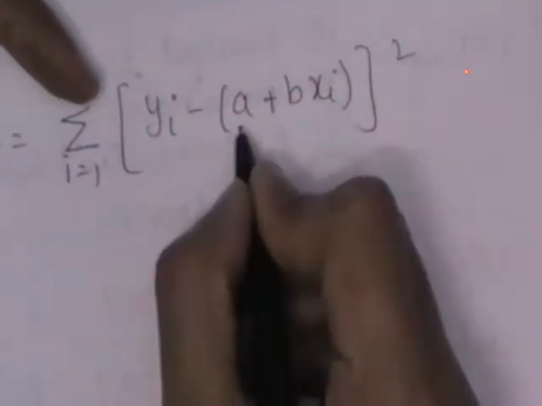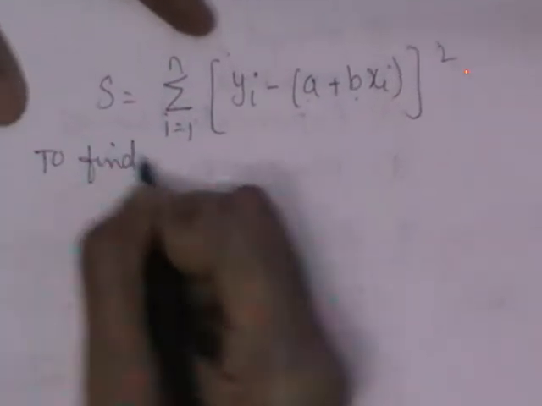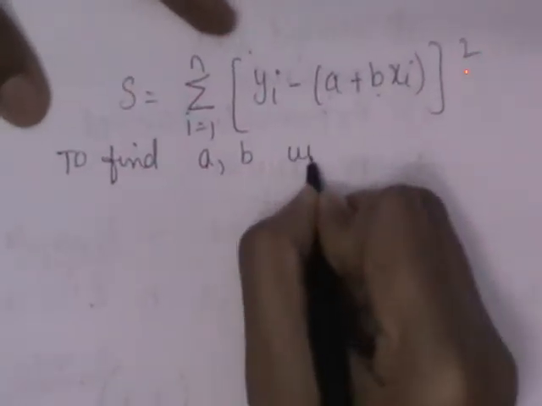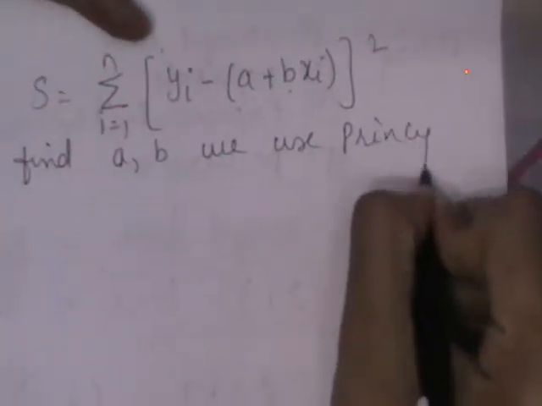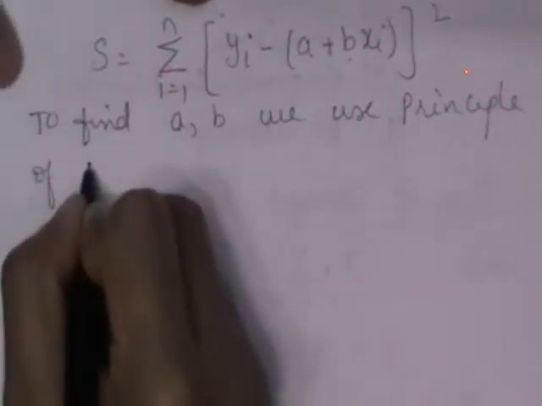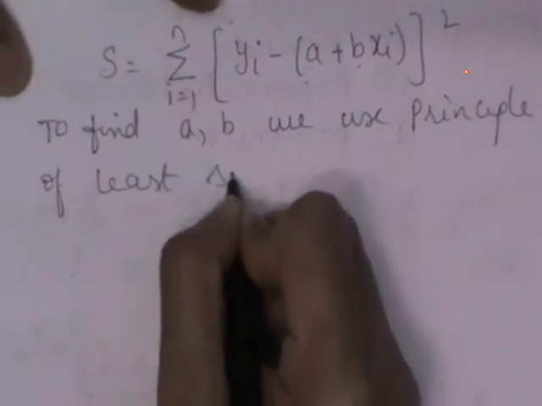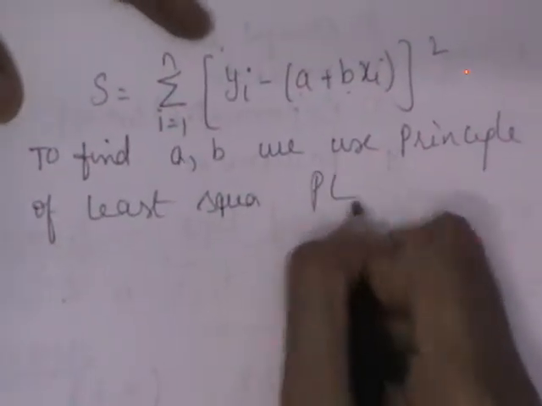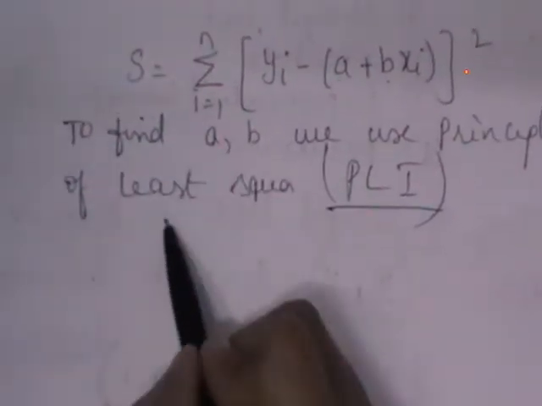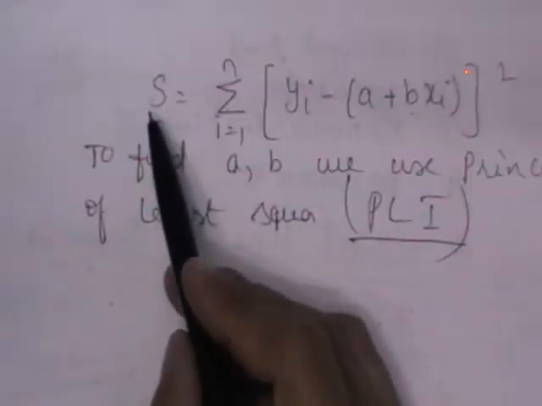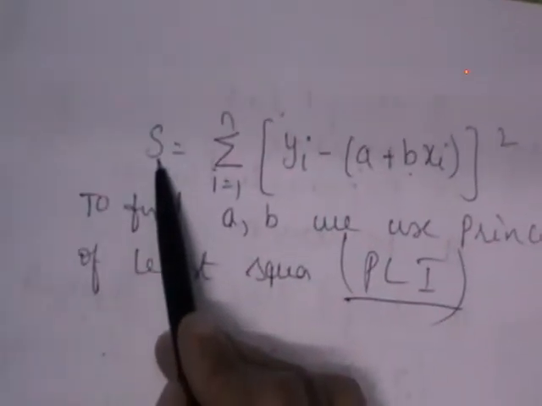This is to find out these unknown constants. To find out a, b, we use the principle of least squares, which we write as PLS. So what does the principle of least squares tell? That S, the sum of squares, is to be minimized.